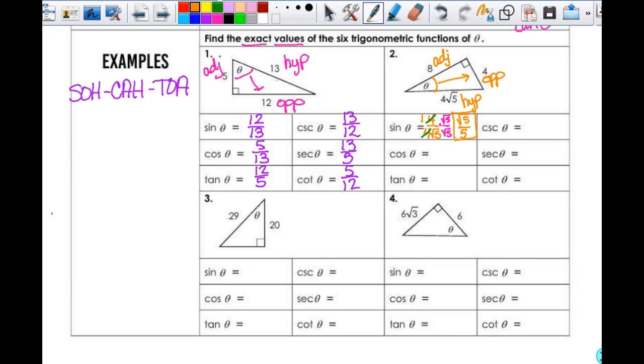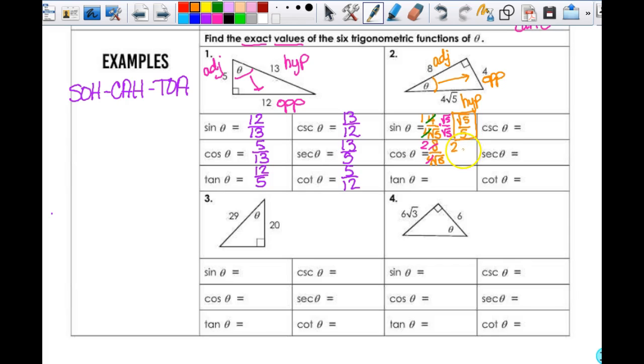So then cosine of theta is adjacent over hypotenuse, so that's going to give me 8 over 4 square root of 5. So then I cancel this out. Our 8 and 4 reduce, and I'm left with 2 in the numerator, right? I still have a square root in the denominator. That's bad. So I rationalize and get what?